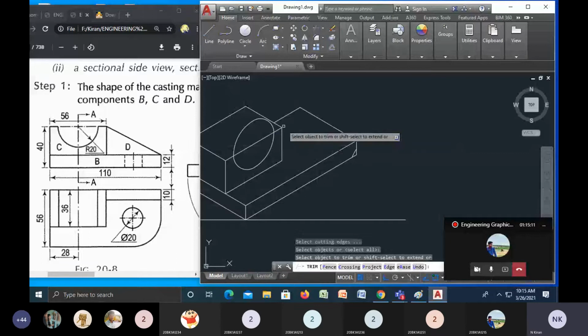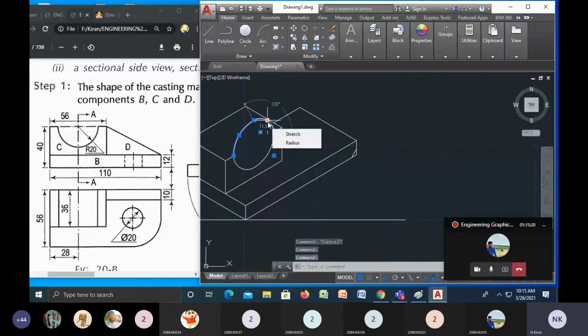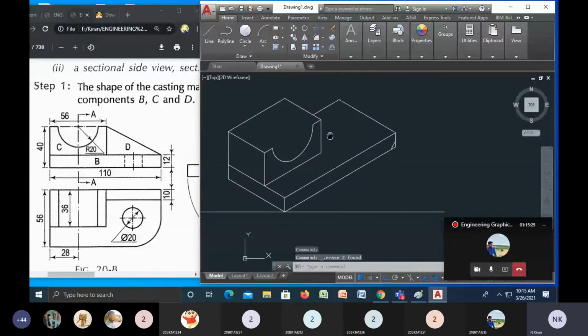Now TR double enter. I'll trim this one also. Okay. Is it okay now?